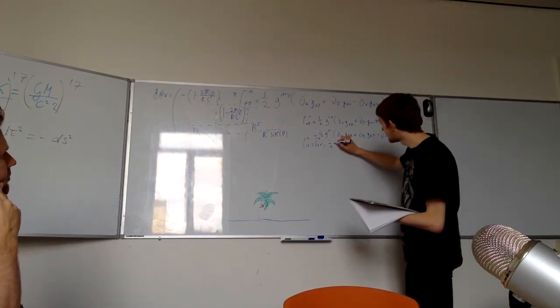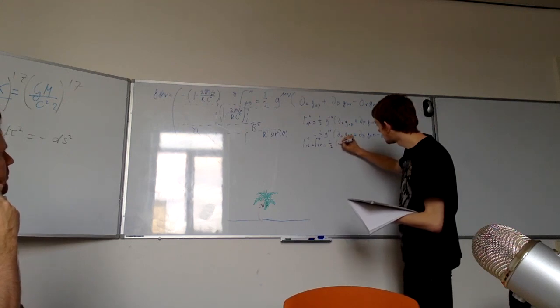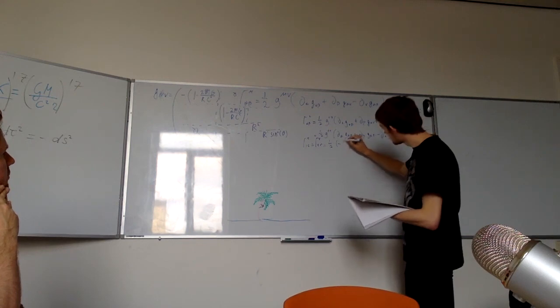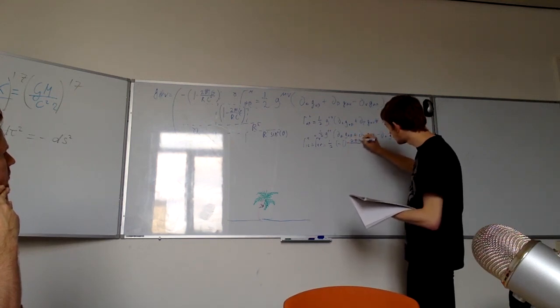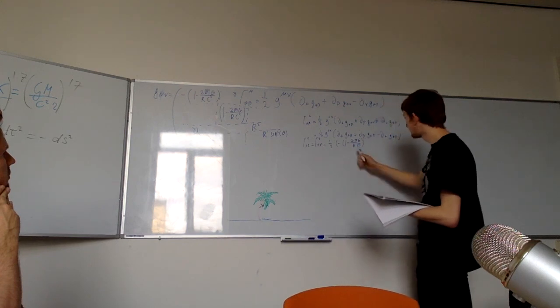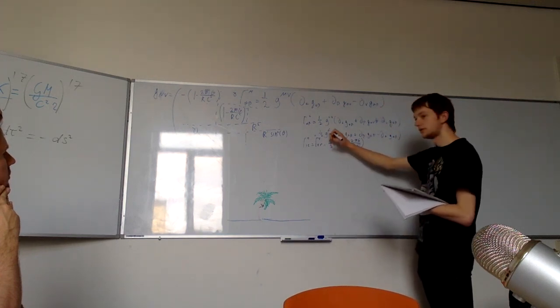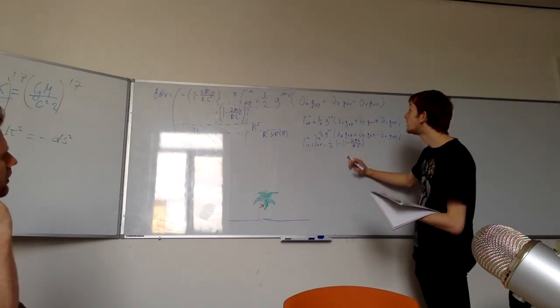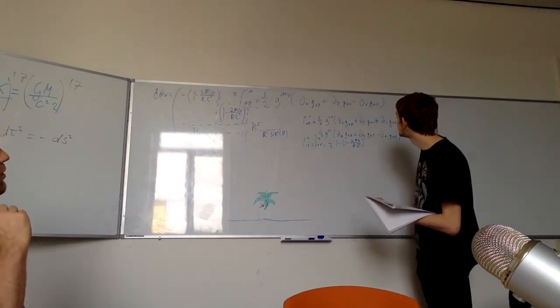This would be multiplied by 1 minus 2, then this is the TT upstairs, that's one, to the power minus one.